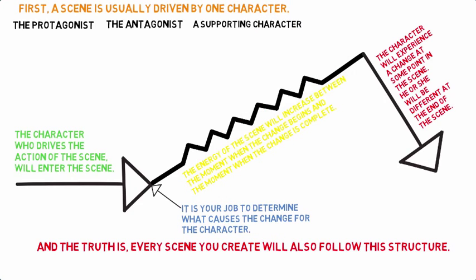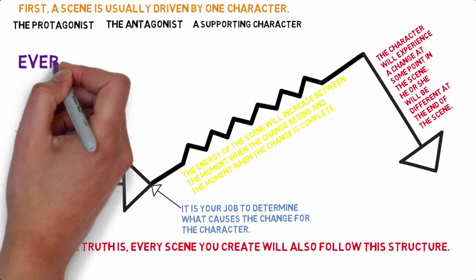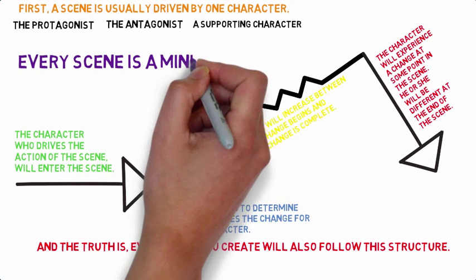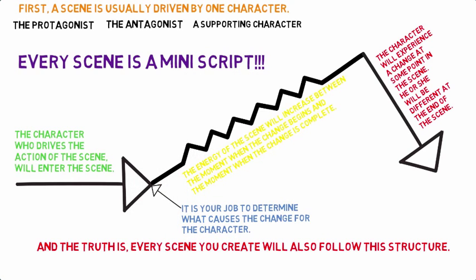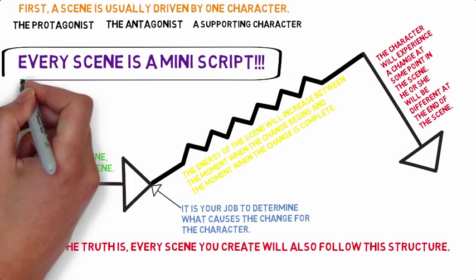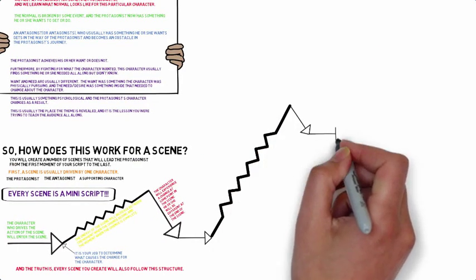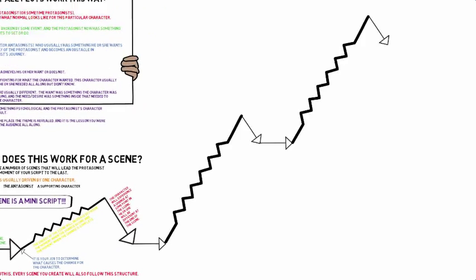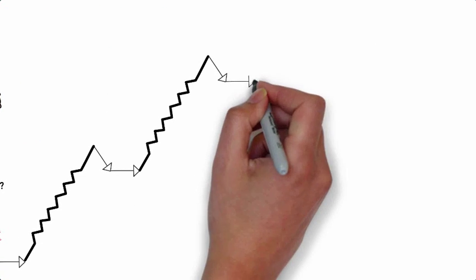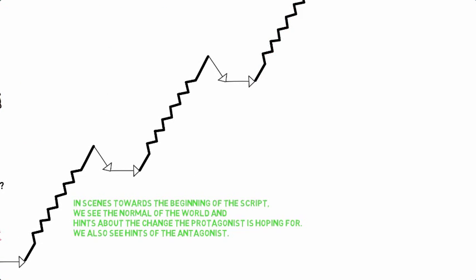And the energy of the scene will increase between the moment when the character begins to change and the moment when the change is complete. Every scene is a mini script. How about that? See, every scene has the same plot structure, and they all come together to make this bigger plot structure.